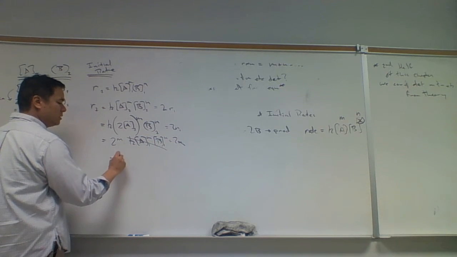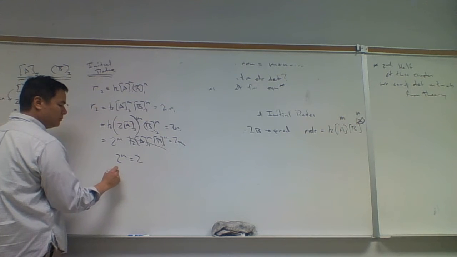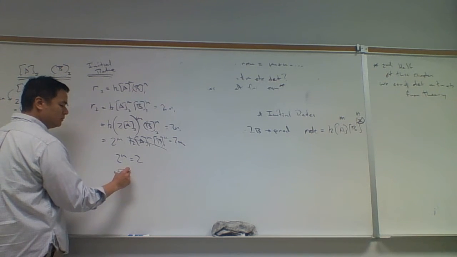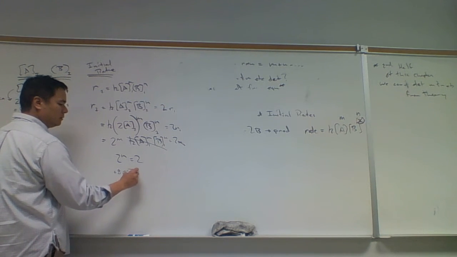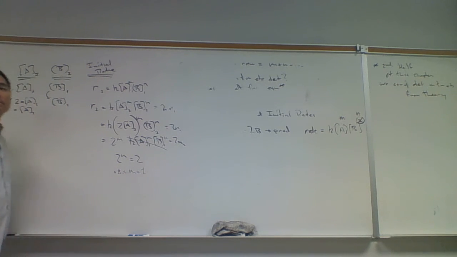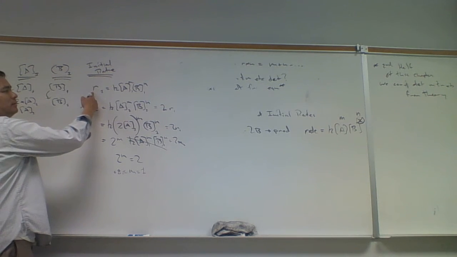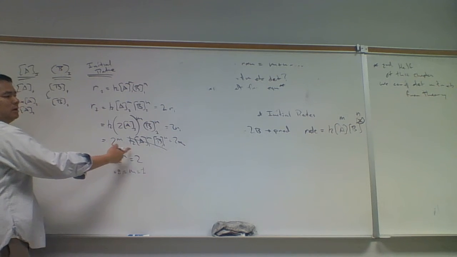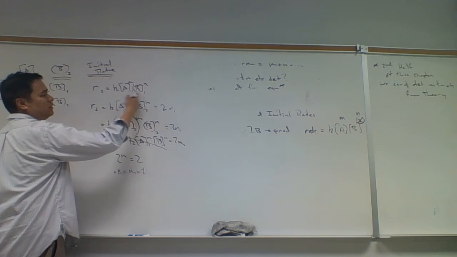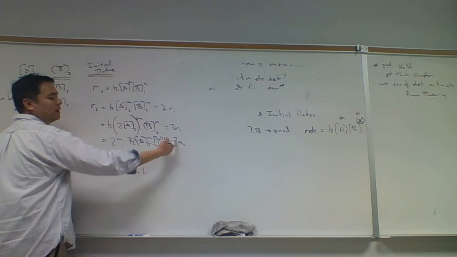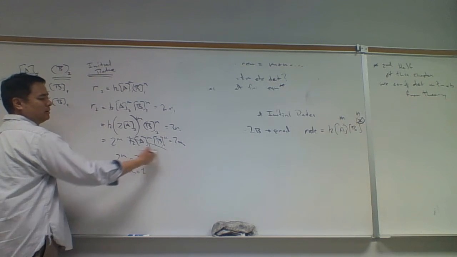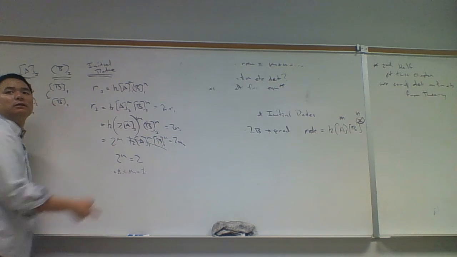So I get 2 to the m is equal to 2, therefore m is equal to 1. Wait, how did that cancel? Oh, because I just substitute. So here, substitute this in for R1, they cancel.